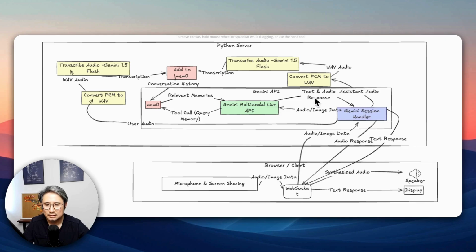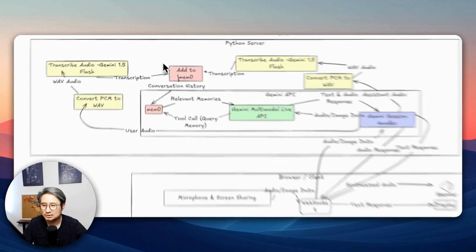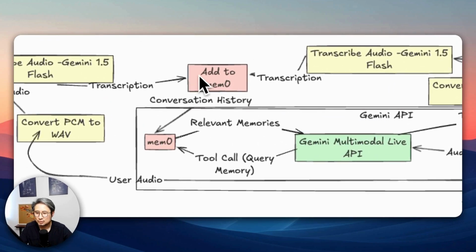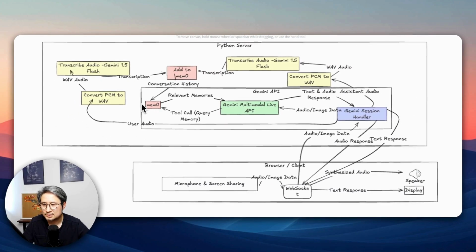In another path, when the Gemini audio response is generated, it will also be sent to the convert PCM to wave component, using the same functionality to transcribe the audio data, and send that transcribed text to match the user message with the assistant message in a pair to store in the Mem0 vector store management.